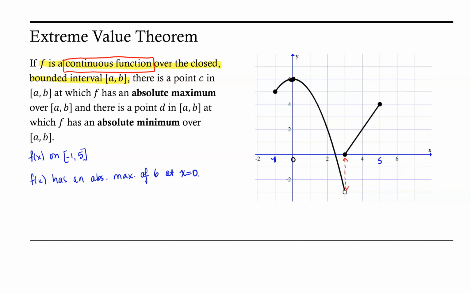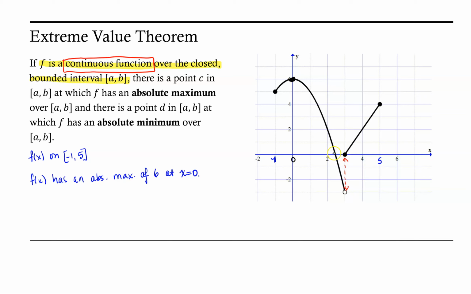Now let's take a look and see if we can identify an absolute minimum, or a smallest output value, or a lowest y value. And as we look at our graph here, we can see that except for this interval from about 2.5 to 3, the rest of the output values are positive.